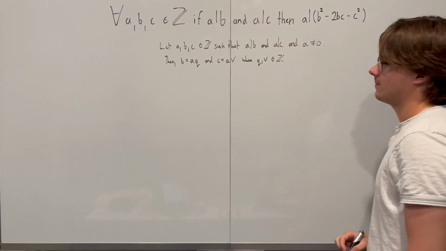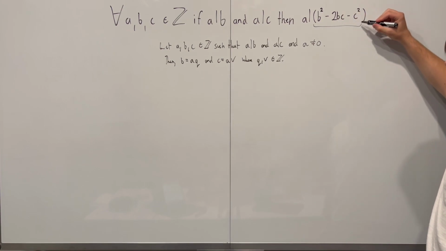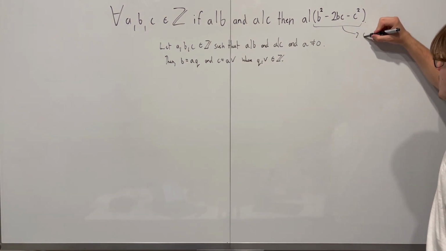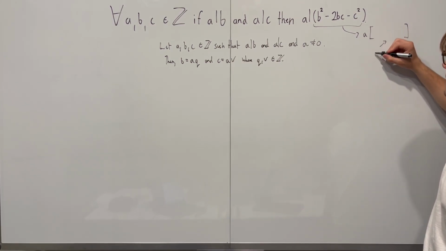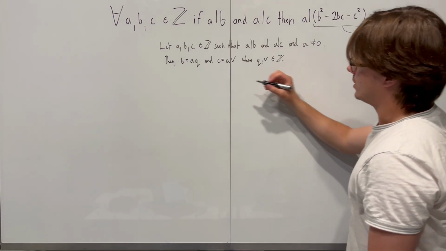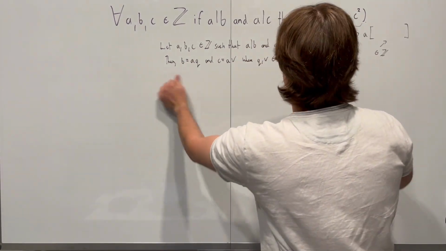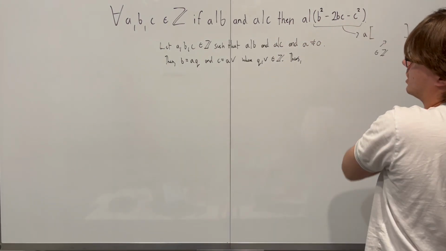Fantastic. Now, let's go ahead and try to see if the right-hand side can, in fact, given these rules, be written as a multiplied by some huge bracket where whatever is in this bracket is going to be an integer. So we say next, or let's use thus. I've been using very similar language throughout this series so far, so let's change it up a little bit.